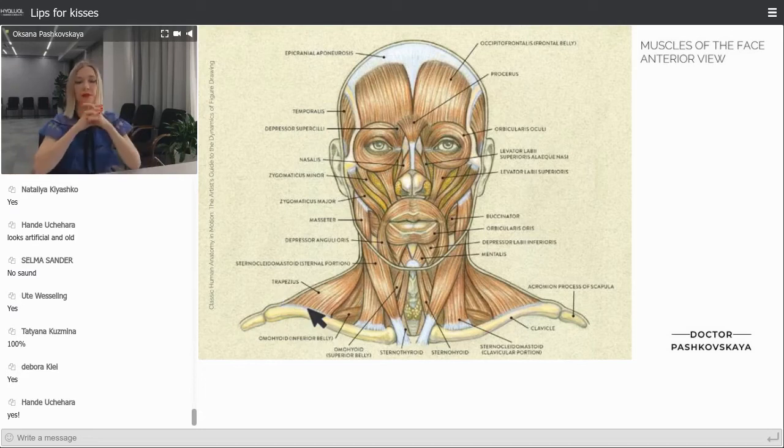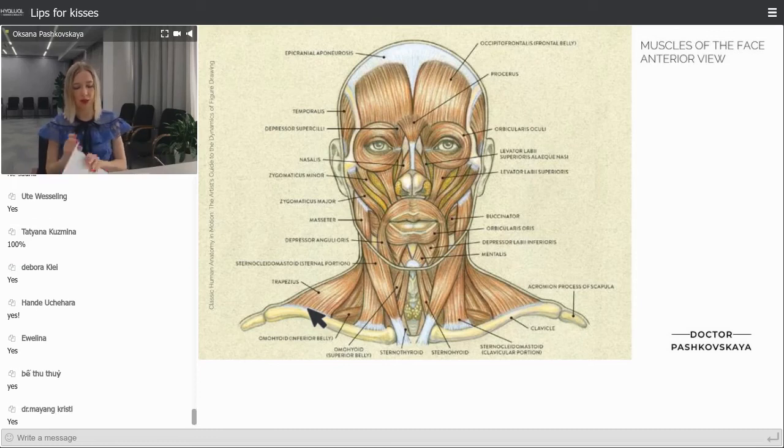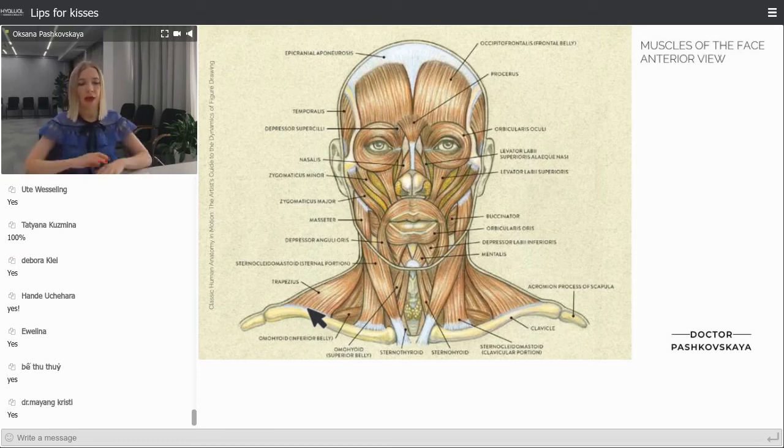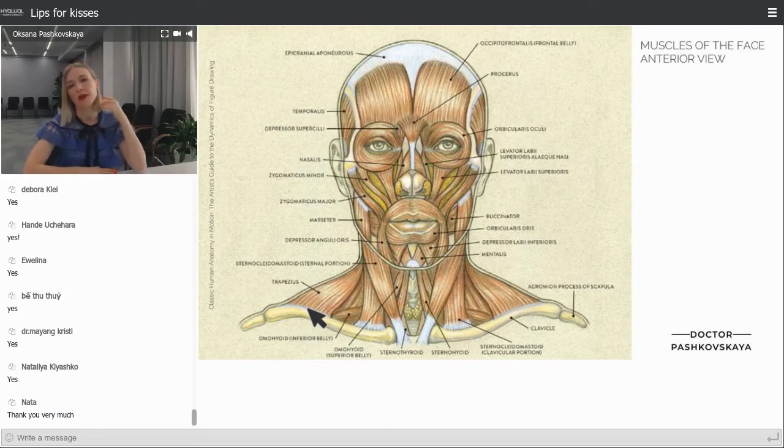So now we have come to the anatomy. Of course, it's very important to pay attention to the anatomy each time. I have already attended the cadaver course and every theoretical anatomy course, but each time you open the anatomy atlas, you notice something new, or you refresh in your mind something which was forgotten.